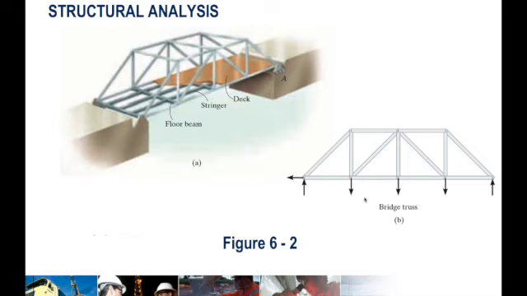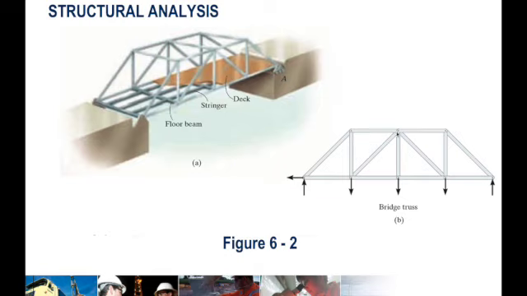Another one is a bridge truss, where you have a floor beam. The weight of the bridge is transferred to the stringers, from the stringers to the floor beam, and the floor beams are connected to the joints of the bridge.